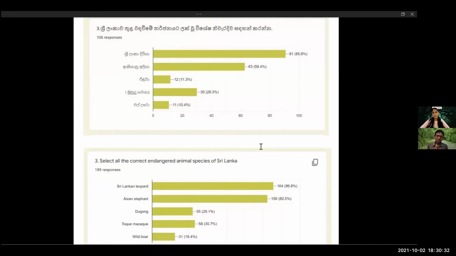The basis for these classifications is the current population size, the number of breeding adults surviving in the wild, the range of the species, and the projected or known rate of decline.